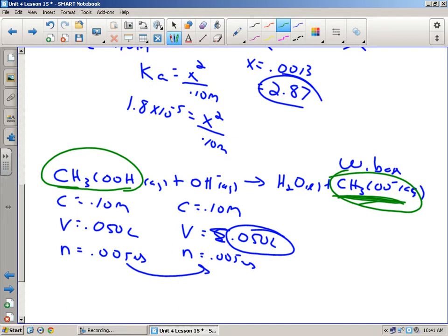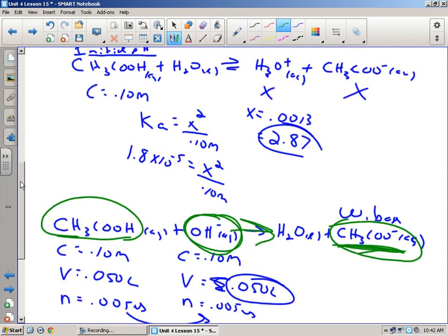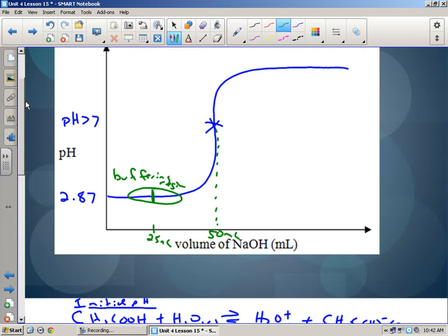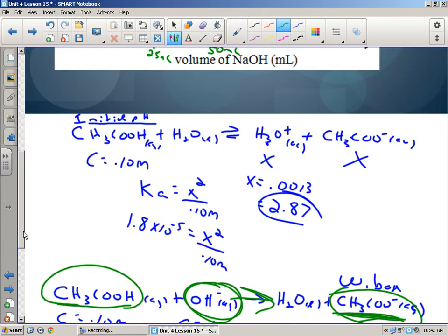I add a little bit too much now, and now what's happened is I've had too much of this, and now it's shoved the equilibrium that way, and now I've only got products, okay? So now I'm on this side here, and I basically have that weak base and that acid. I keep adding the hydroxide, and of course the pH will continue, well, it flattens out again at the top there, but that's not really the buffering region. But that's what's happening right here, right? So that's your buffering region right in there, all right?